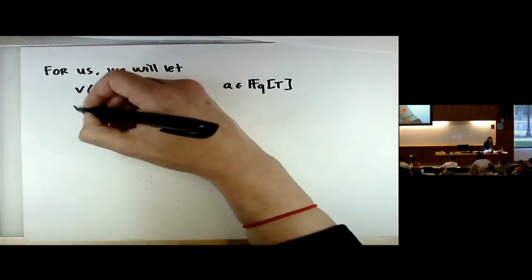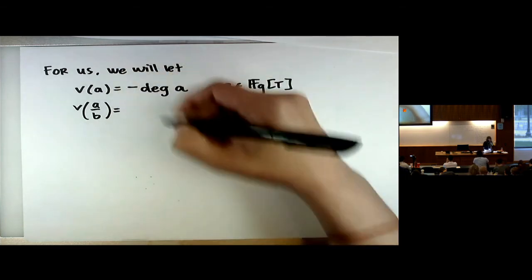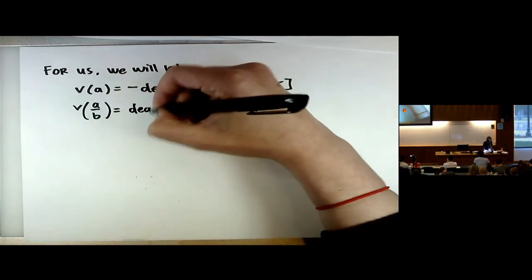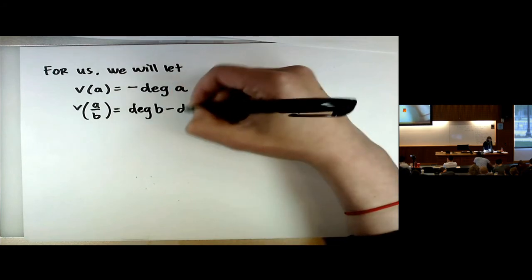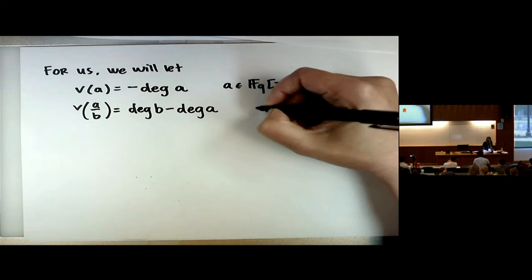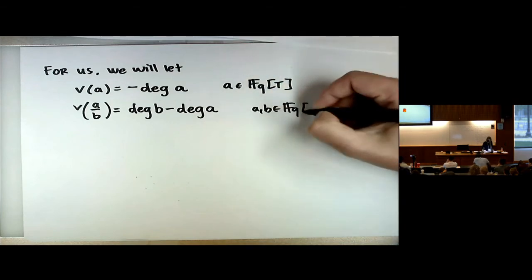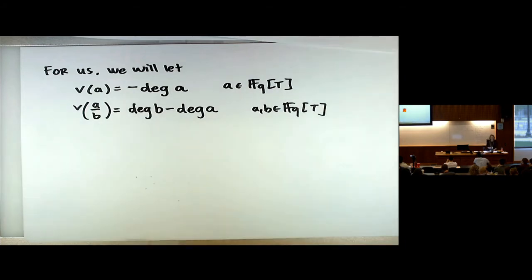And then when I have a ratio, a over b, then that will be the degree of b minus the degree of a. Again, a, b are polynomials. So that's how I extend to the fraction field. And of course, the valuation of the zero polynomial is infinity. That's enforced by the definition.